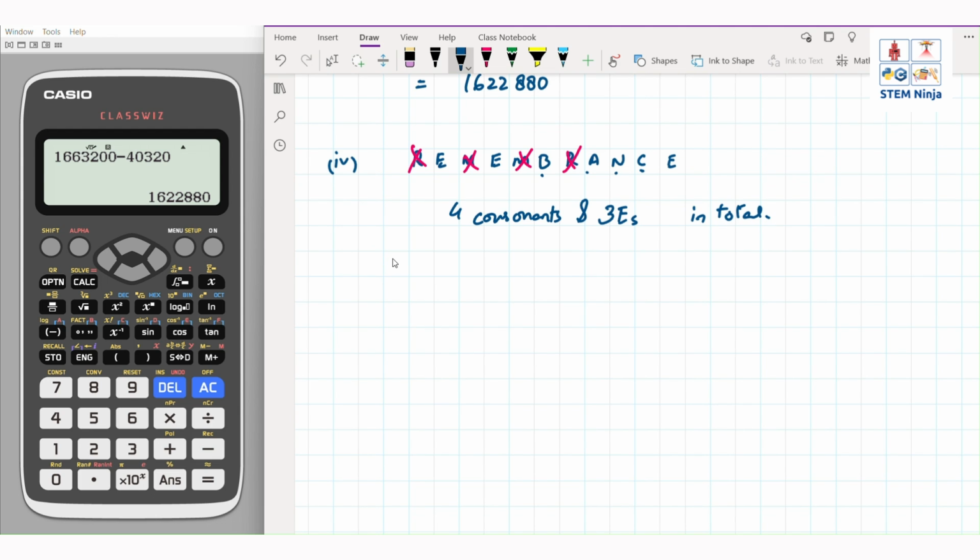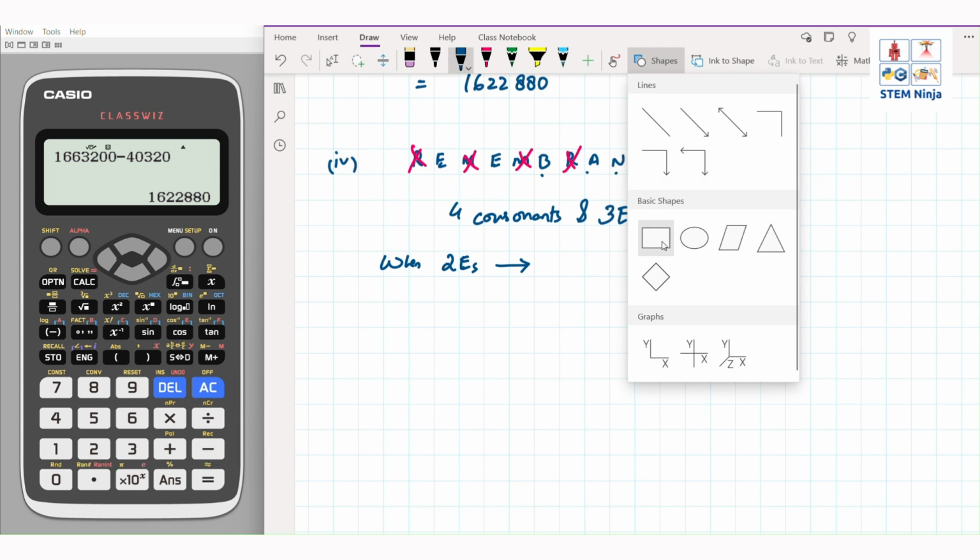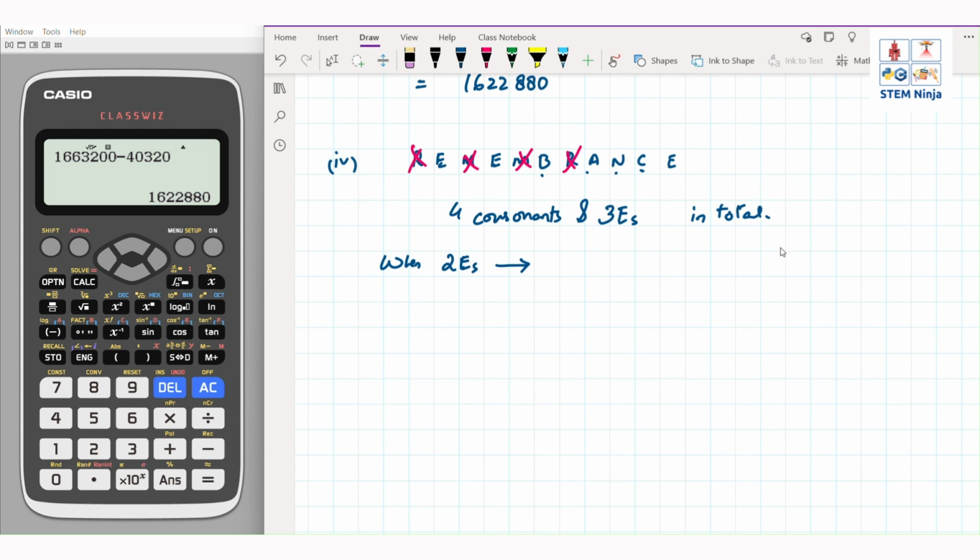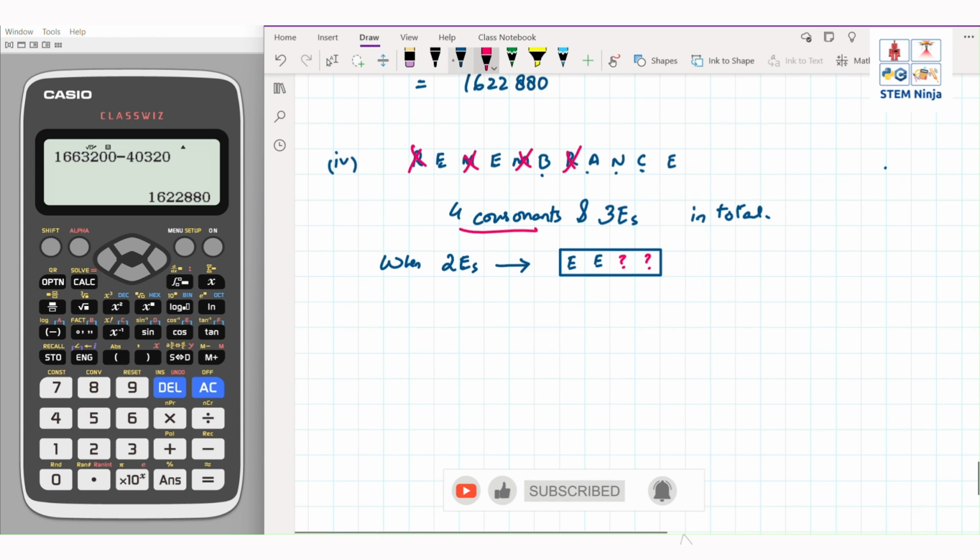So when 2 E's are selected, we're selecting 4, right? Somewhat like this. So when 2 E's are already selected, and obviously these are identical E's, that means we need 2 more out of the 4 consonants.